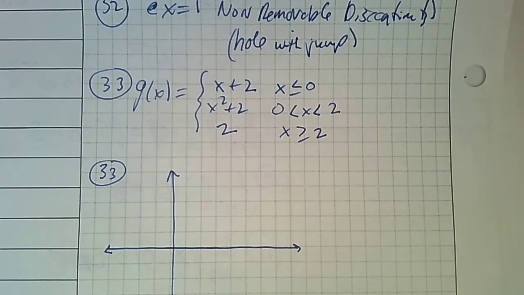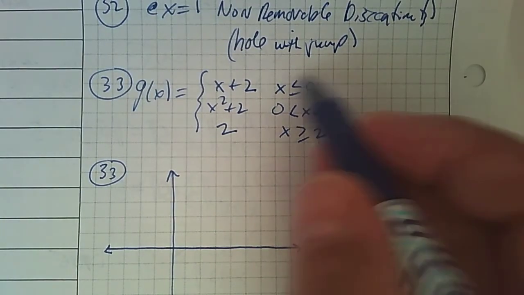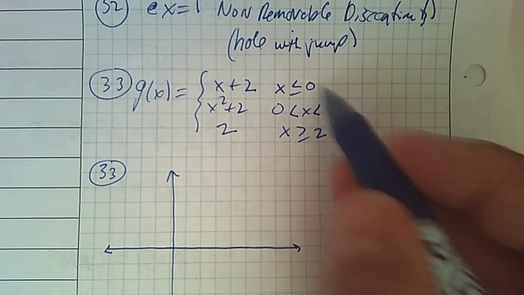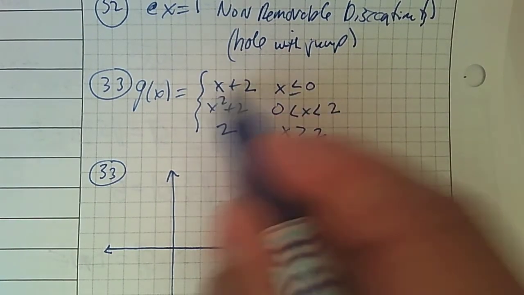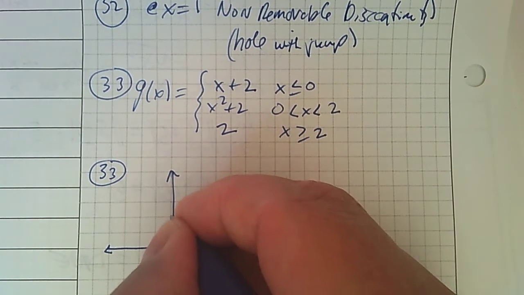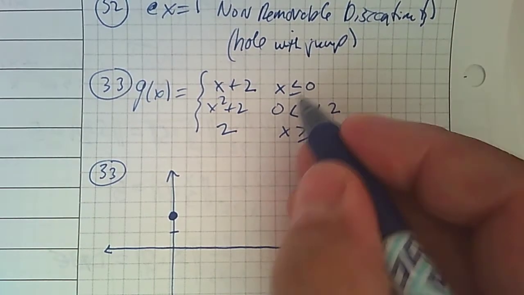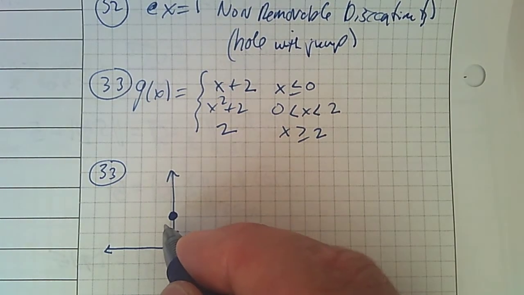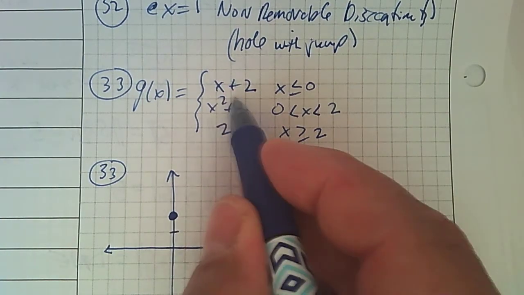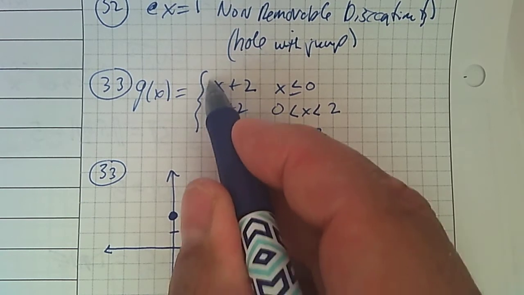So when I sketch this, I first think of the domain restrictions and where they break into pieces. So when I plug in 0, what's a point? I plug in 0, 0 plus 2 is 2. So at 0, 2, we have a point because of the equals to part. Now what shape is this? Well, to the left of 0, it's a line. What's the slope of the line? +1.